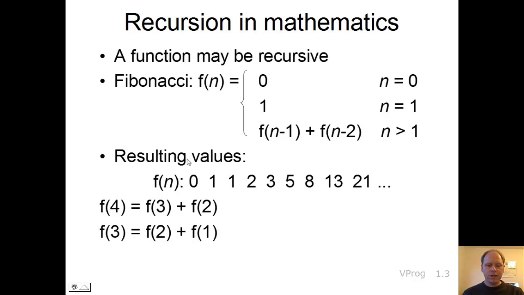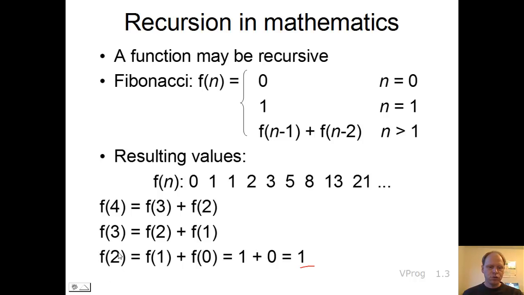So f3 is f2 plus f1. The next question, of course, is what is f2? Well, f2 is f1 plus f0. But f1 is our base case. n is 1 yields 1, and f0 yields 0. So we get 1 plus 0 is 1. So f2 is 1.